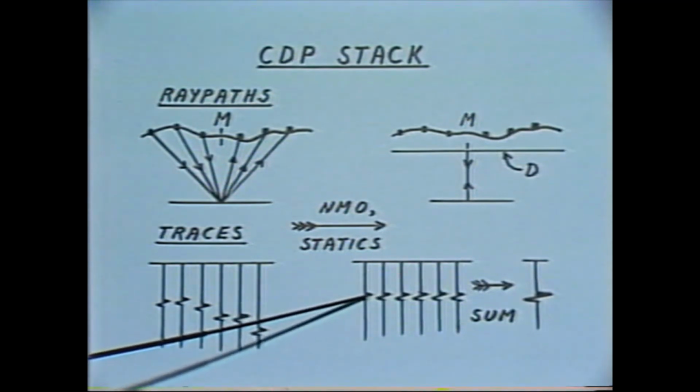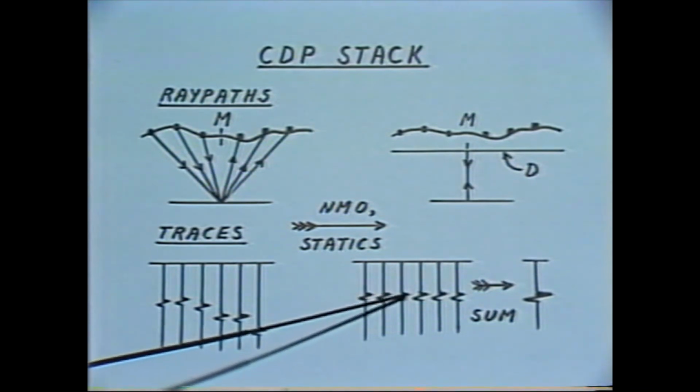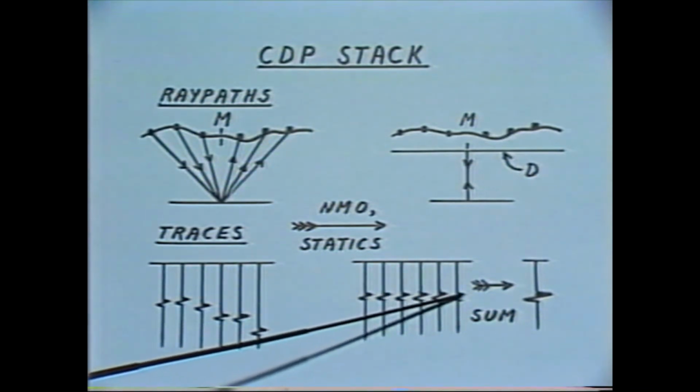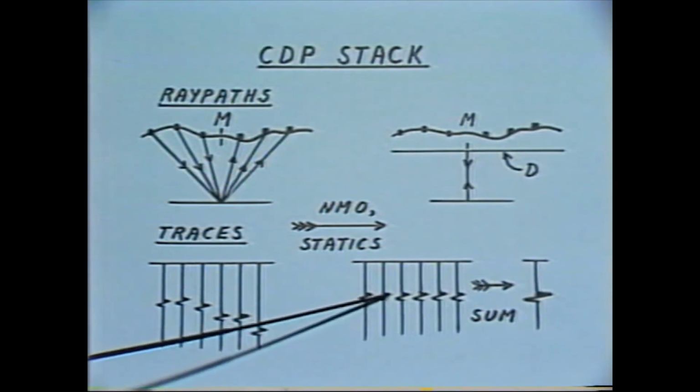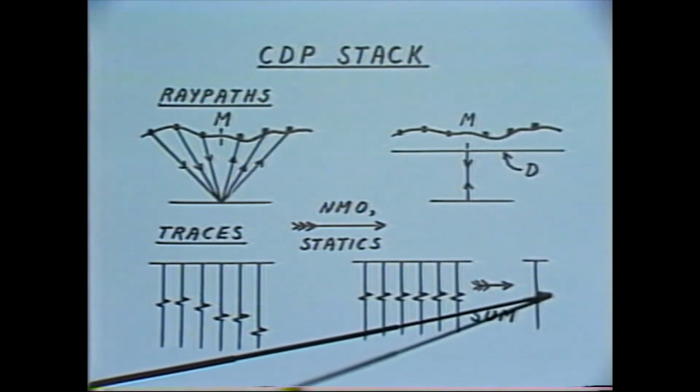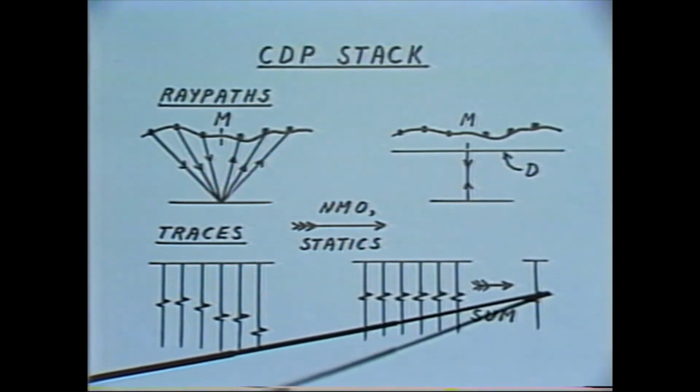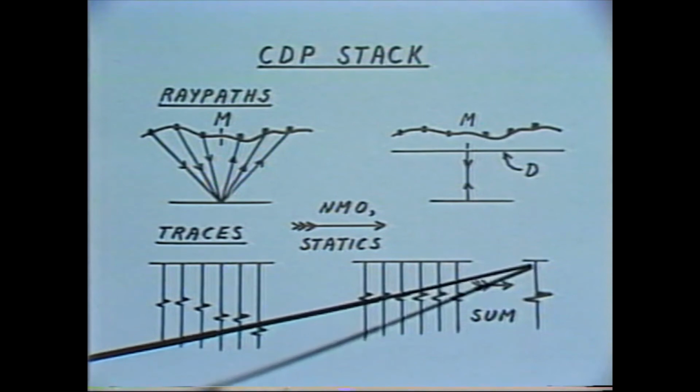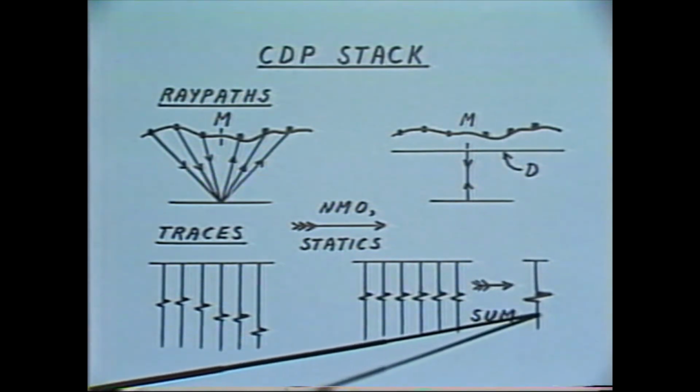So for instance, if these reflections are perfectly aligned, the peak amplitude on this reflection would be at the same time on each trace, so we just add all those peak amplitudes together and come out obviously with a much larger peak amplitude on the summed or stacked trace, as it's usually called.